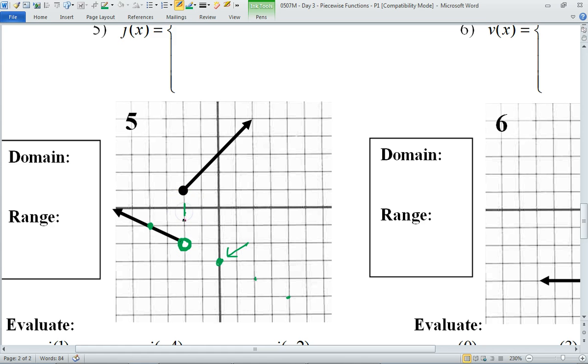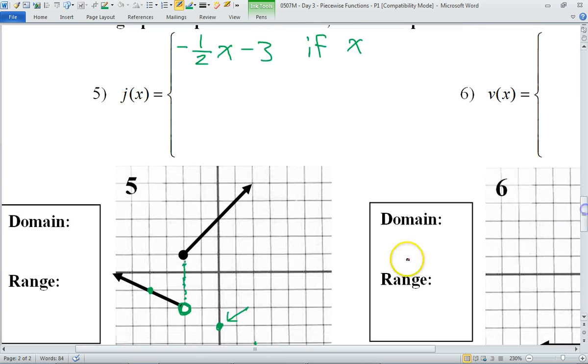Yeah, the cutoff happened right here. The cutoff is happening at negative 2. That's why this number is going to be negative 2. Now, this first line, is it less than negative 2 or greater than negative 2? Is it to the left or to the right? It's to the left. So is that less or greater? That's less than, okay? So it was this one when the x values were less than negative 2. So now I'm done with that part.